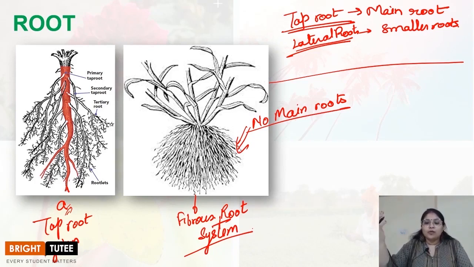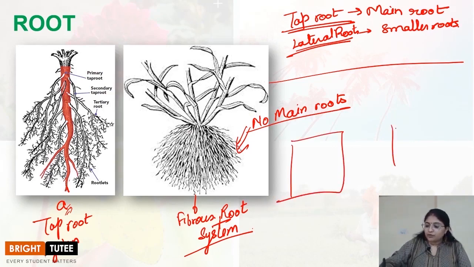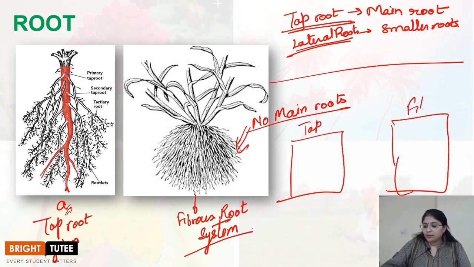Now when you went to your playground and open area and plucked out some of the plants to observe their root, first you are going to make two piles, right? Keep one pile as the taproot, and the other as fibrous.